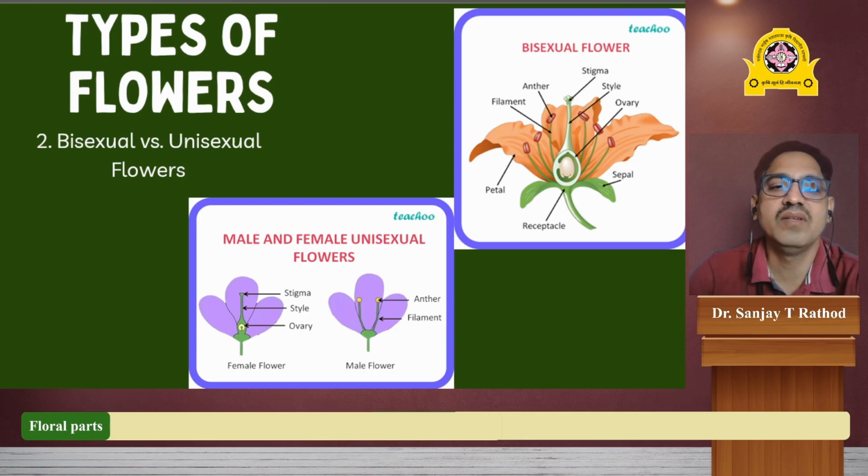But in case of unisexual, either the flower will have the gynoecium or some of the flowers will only have the androecium. Such types of flowers are known as unisexual flowers, and the hermaphrodite flower having both the sexes together will be known as a bisexual flower.